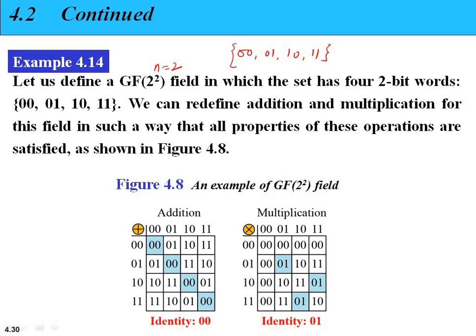So here, as you can see on the bottom, the operations are defined for addition and multiplication, in such a manner that all the properties are satisfied. In case of addition, the identity element is 0 0, and in case of multiplication, the identity element is 0 1.